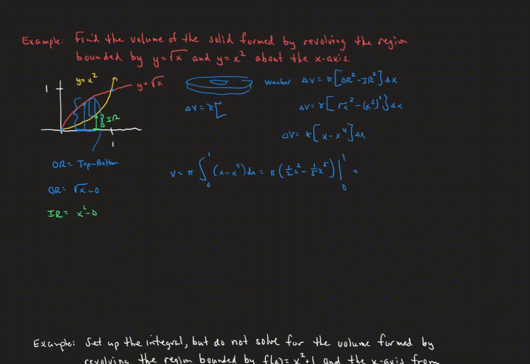So 1 squared is 1, that makes 1/2, and minus 1 to the fifth is 1, that's 1/5, and 0 to those powers is 0. So 1/2 minus 1/5 is 5/10 minus 2/10, and I left off the pi, so let me put it back in there. So we get 3 pi over 10 as our volume.